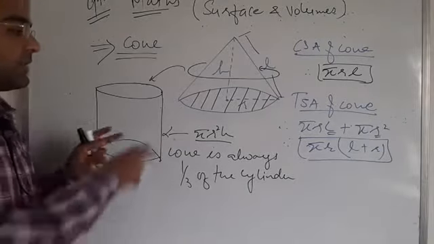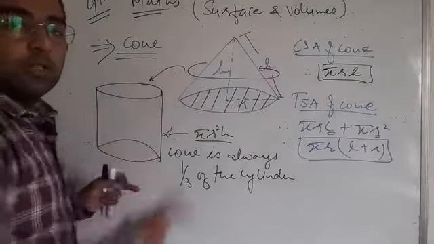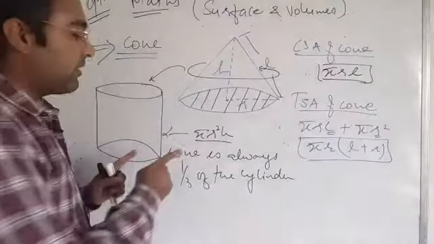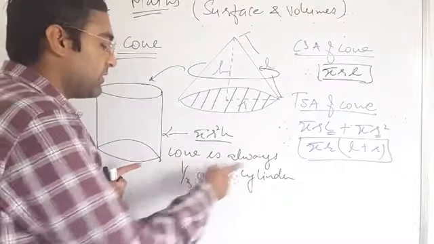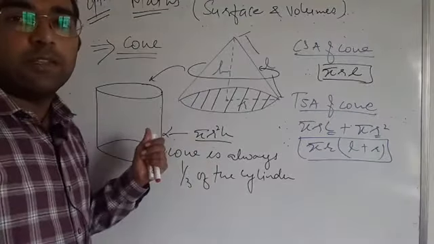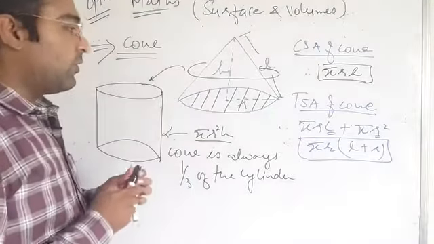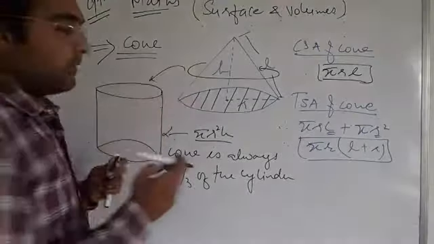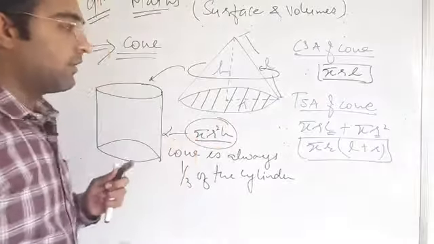Whenever we have to compare cylinder with the cone, we say that the cone is always 1/3 of the cylinder. So what is the volume of the cone? That is 1/3 of the cylinder.